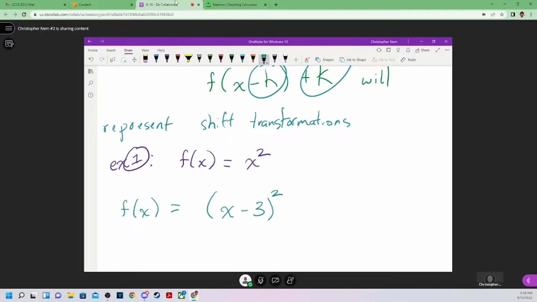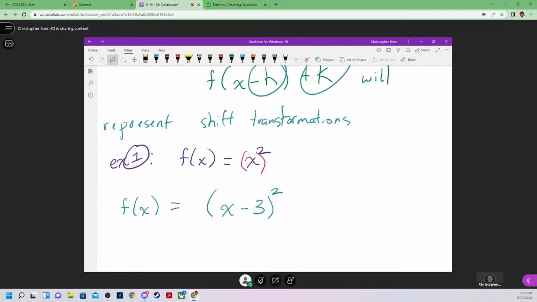However, this is the form I want because, in particular, our function takes our input and squares it. So if I have my input being subtracted by 3, or adding by 3, this is still my parent function because the entire thing is being squared. This is inside my function, which is a part of our input.